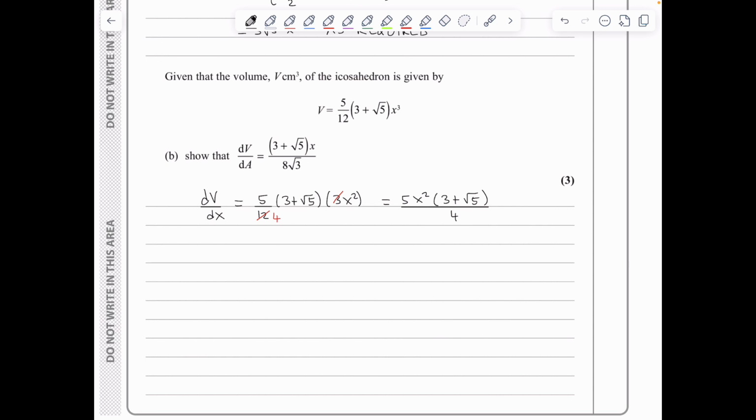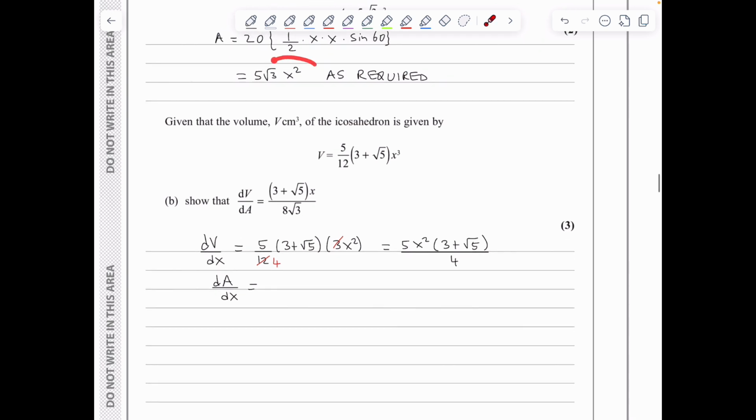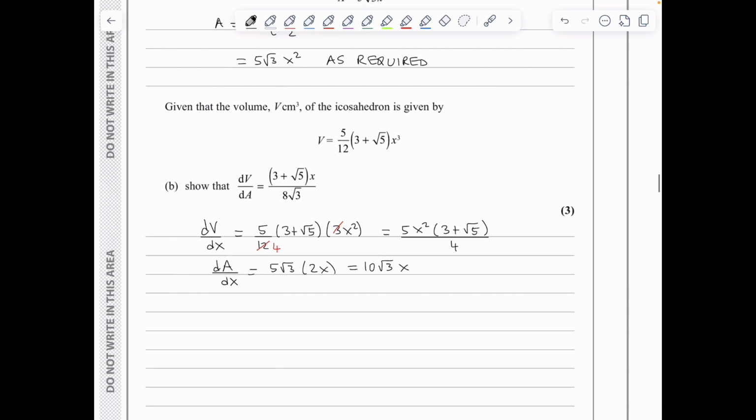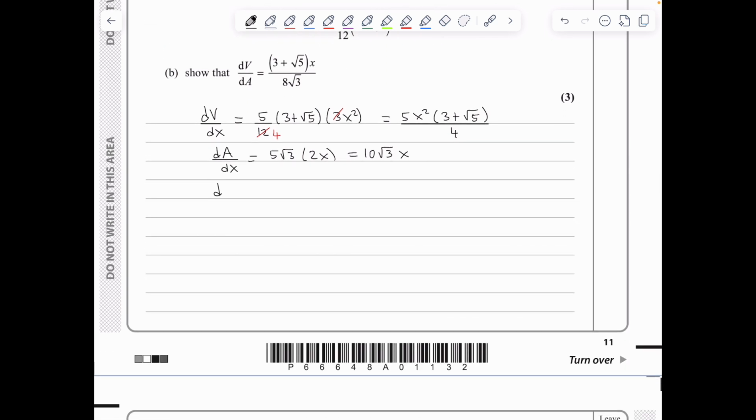Now I will also find an expression for dA/dx. I'll be differentiating the expression we just obtained in part A, the 5 root 3 x squared, which is going to be 5 root 3 times 2x, which gives me an answer of 10 root 3 x. And I will then be applying the chain rule of differentiation.